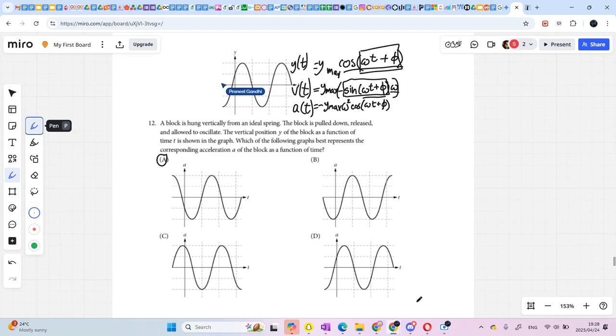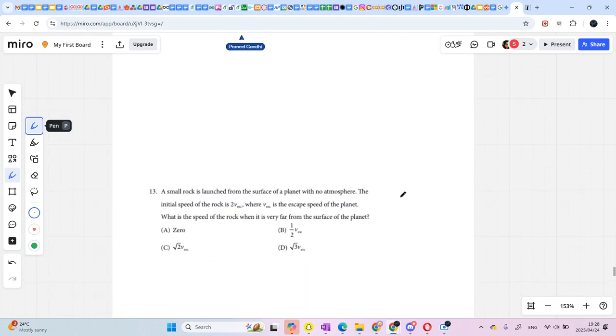Yeah, same absolute value. Okay. All right, if there are no other questions, then we can move on.